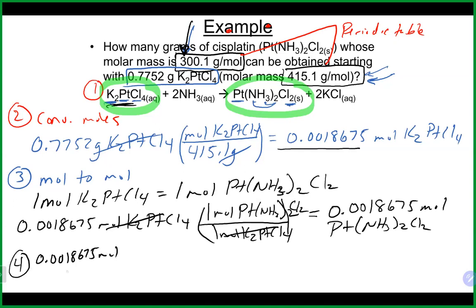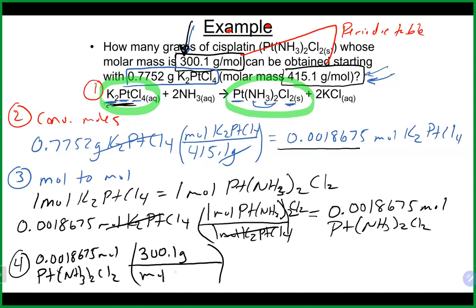And that's going to be 0.001867 moles of this guy here. That's right underneath. Using the molar mass from the periodic table, we want grams up on top, 300.1 grams per mole.